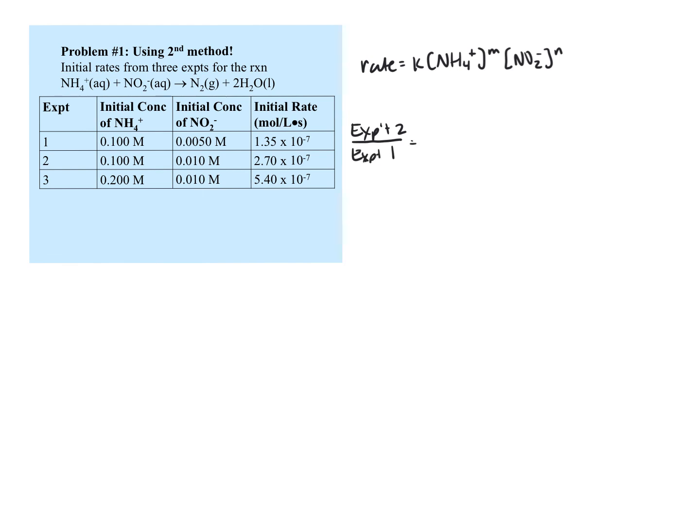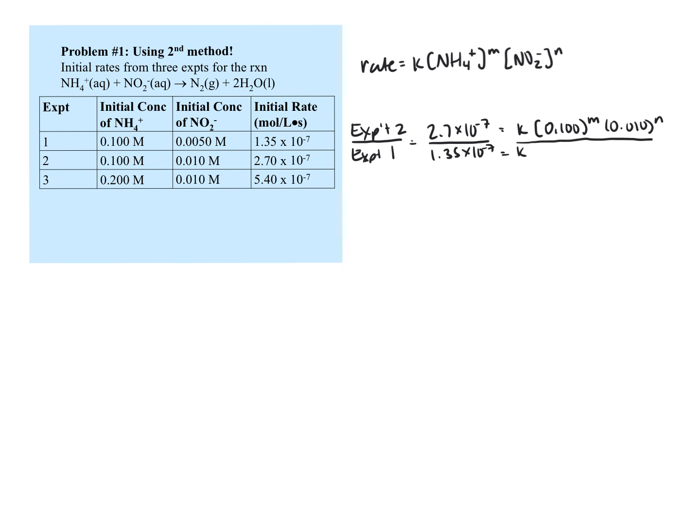Then you're going to put the rate of experiment 2 on top, 2.7 times 10 to the negative 7 over 1.35 times 10 to the negative 7 equals K. And then the NH4 plus concentration in experiment 2 is 0.100 to the m power and 0.010 to the n power for the NO2 minus.